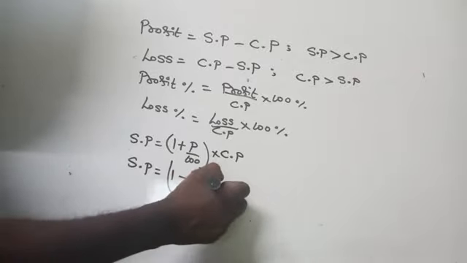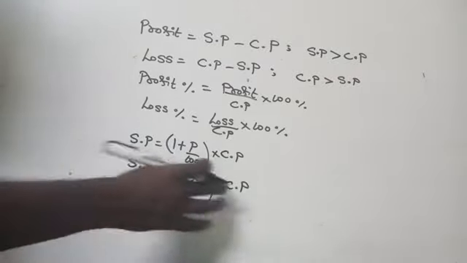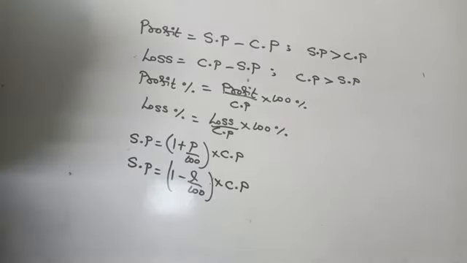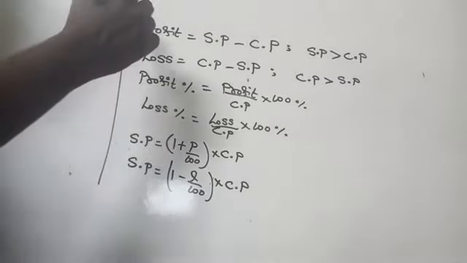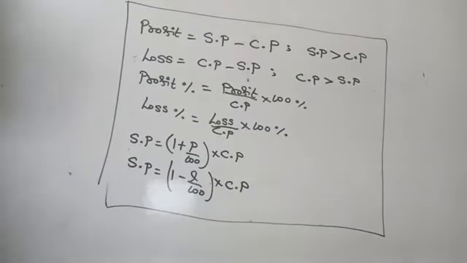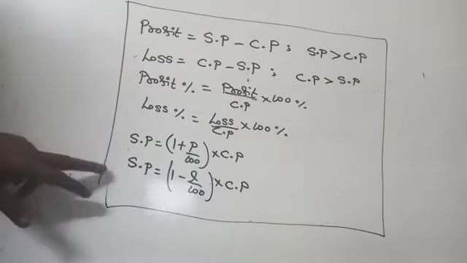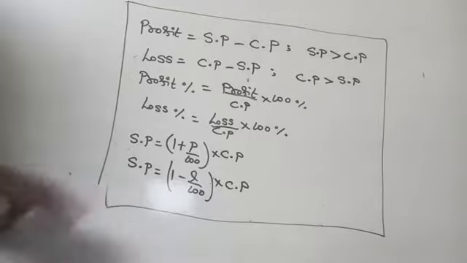That is the relation between loss percentage, selling price and cost price. Are you getting here? So these 6 formulas we will use to find the profit or loss, profit percentage and loss percentage. These 2 formulas give the relation between profit percentage, selling price and cost price, and between selling price, loss percentage and cost price. Am I right here? Yes.